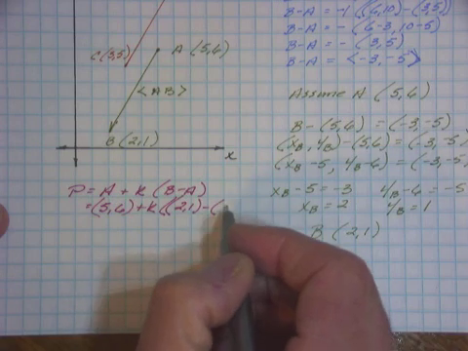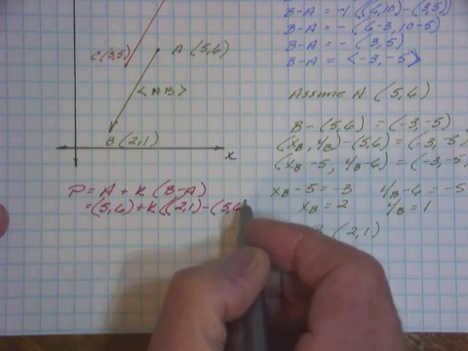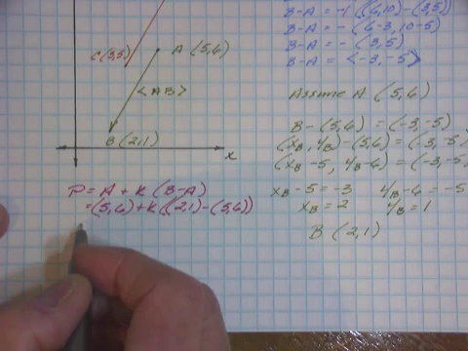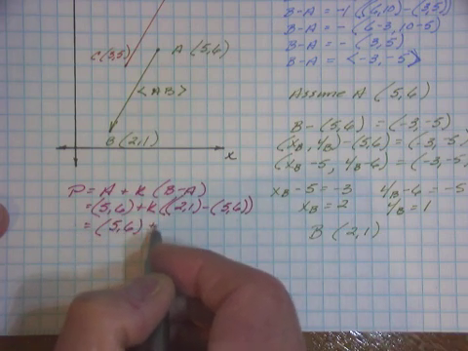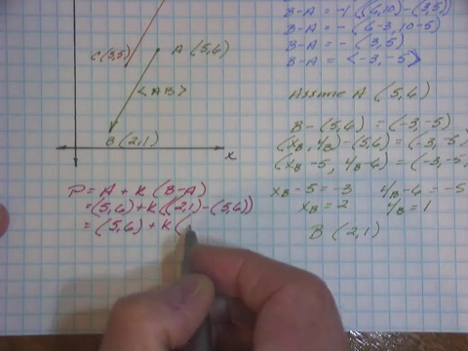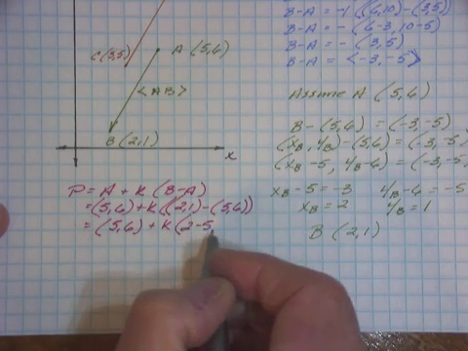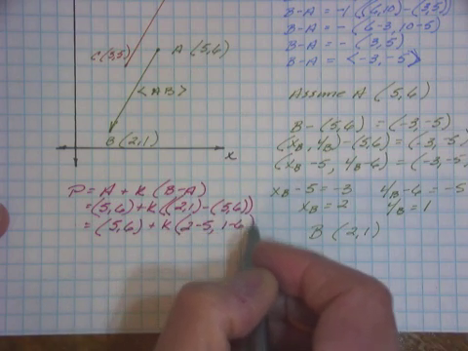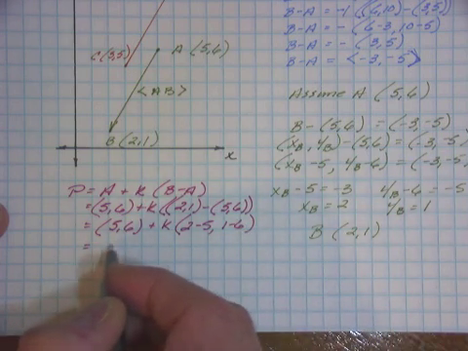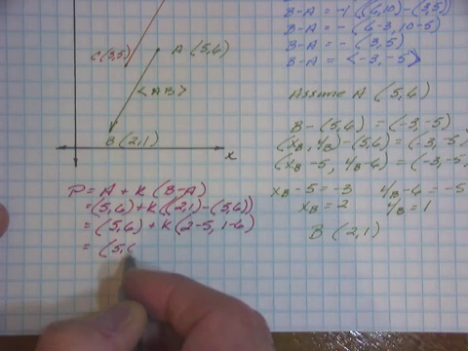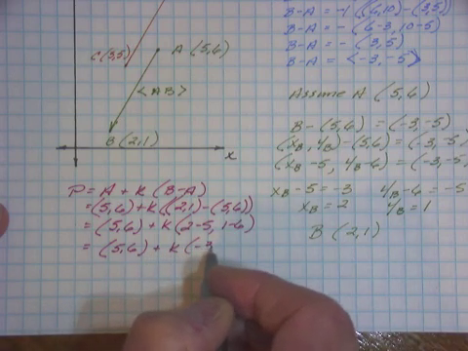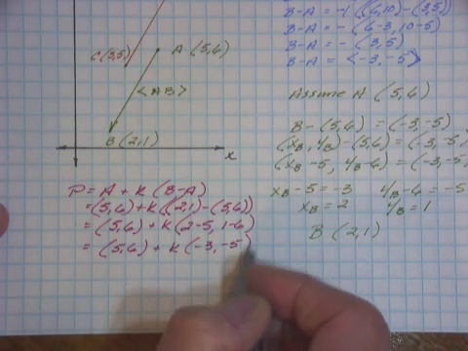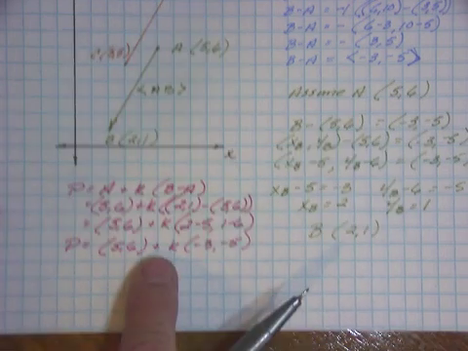Okay, so this is going to be equal to A, which is at 5, 6, plus K times B at 2, 1 minus 5, 6. So that equals 5, 6 plus K times 2 minus 5, 1 minus 6.